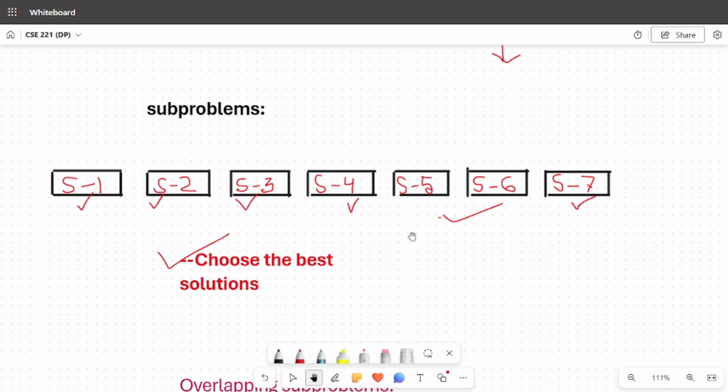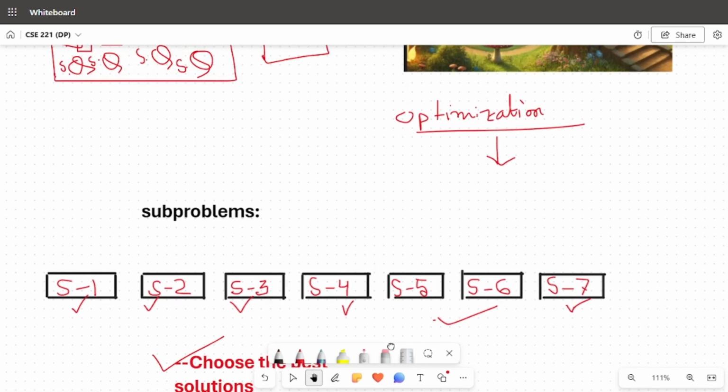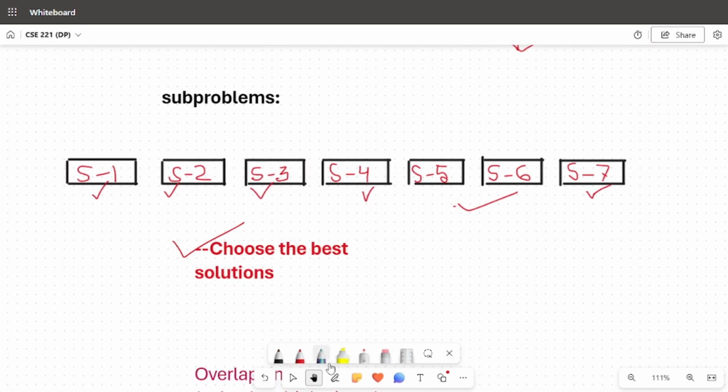Now, after choosing the best solution from the subproblems, suppose you got S5 as your best solution, but not only S5, you have also got S6 and then again S3.